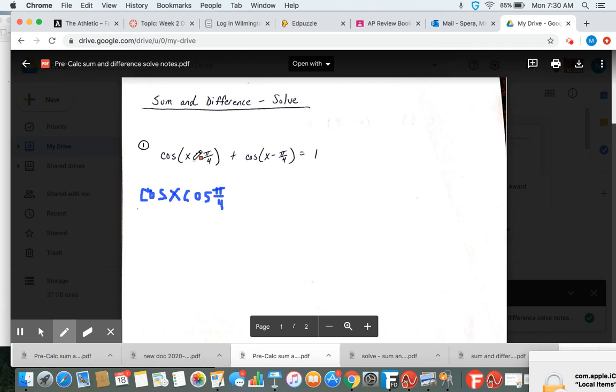And then it's minus sine x and sine of pi over 4. So that was me just expanding out this first parenthesis, okay?